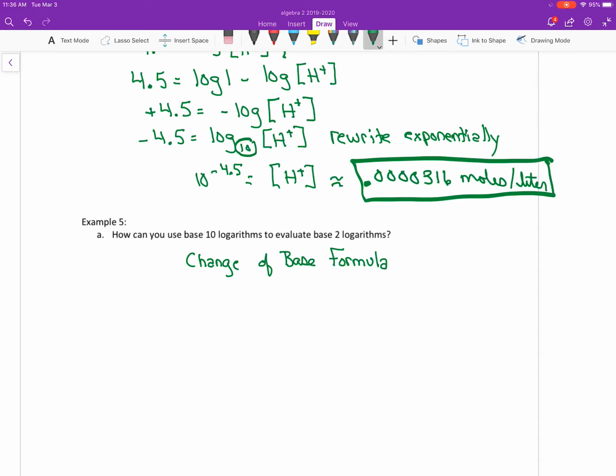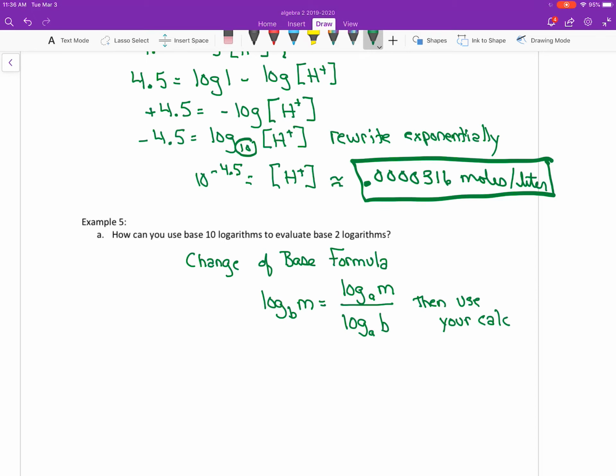What the change of base formula says, if you have log b of m, so some log base that's not 10 that you can't use your calculator for, you can rewrite this as log a of m over log a of b, and then use your calculator.